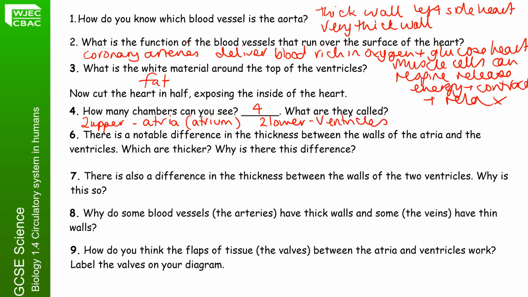There's a notable difference in the thickness between the walls of the atria and the ventricles. Which are thicker, and why is there this difference? Okay, so the ventricles tend to be thicker as they pump or push the blood out of the heart.